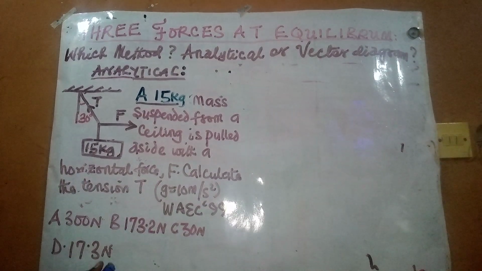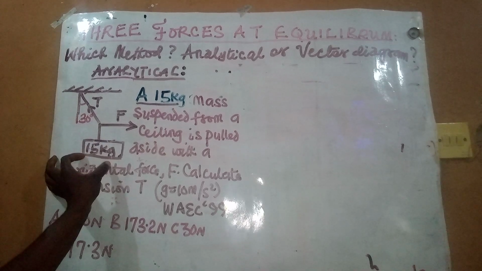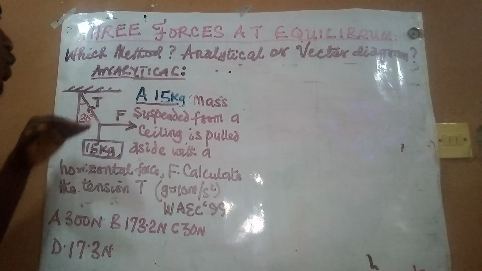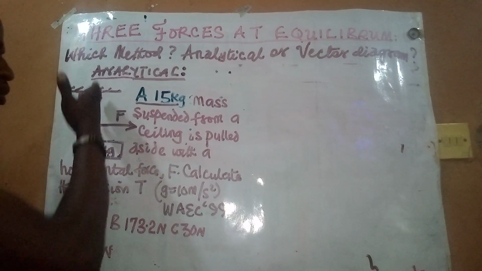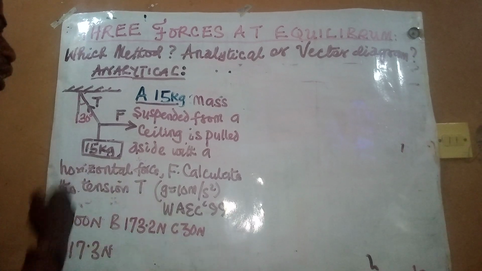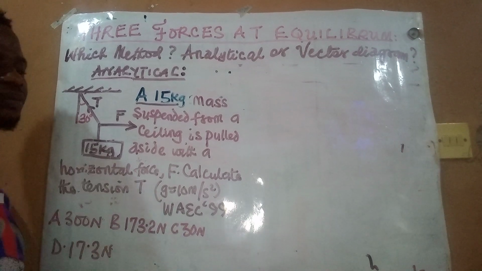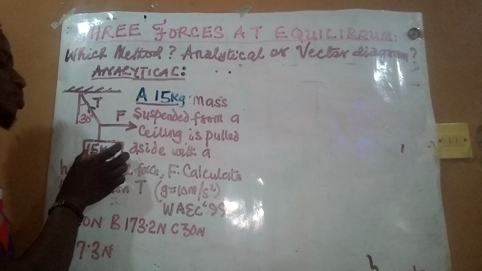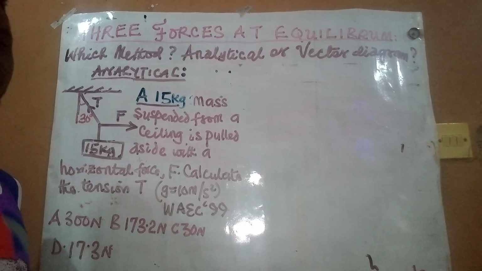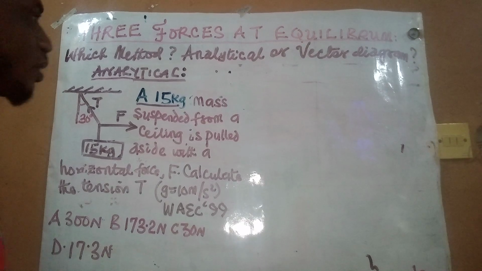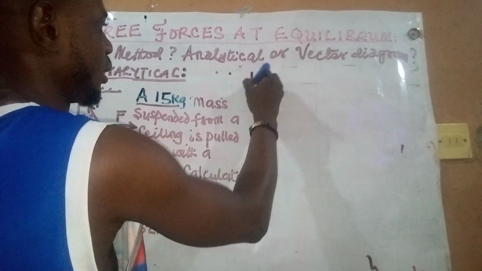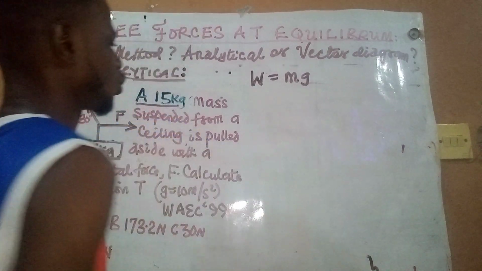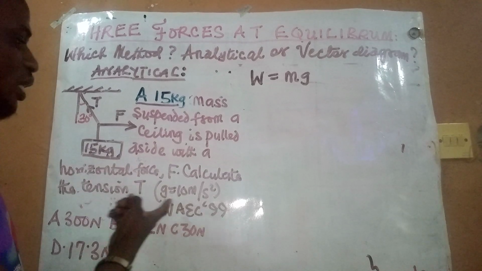Now, since we already have some force downwards this way, and the tension is somewhat upwards, all we have to do is to resolve this system vertically. But before then, all we have here is 15 kg. 15 kg is mass, not force. So for us to make it force, we have to convert this to weight. How do we do that? Recall that weight is equal to mass of the body times g, the acceleration due to gravity, which is a constant as it is given here.